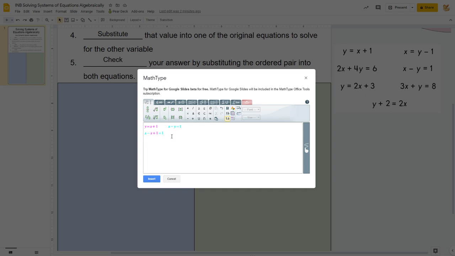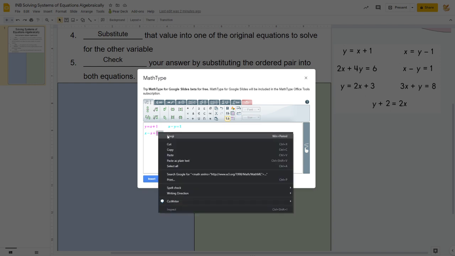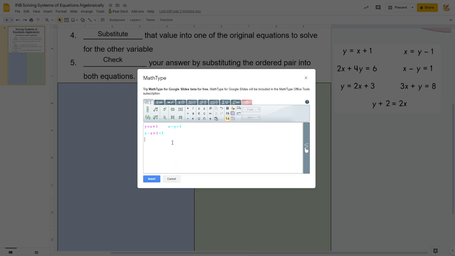Now I simplify it, I solve it. x minus x, well, that cancels out, so I'm just left with basically just this. And we'll find out more about this in our next assignment. This basically means that you have many solutions.